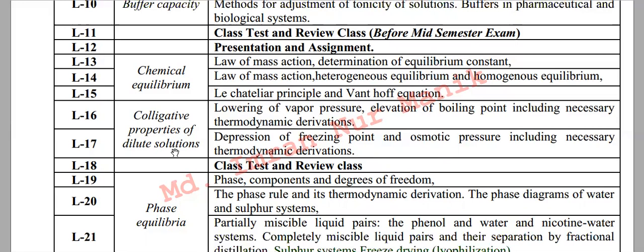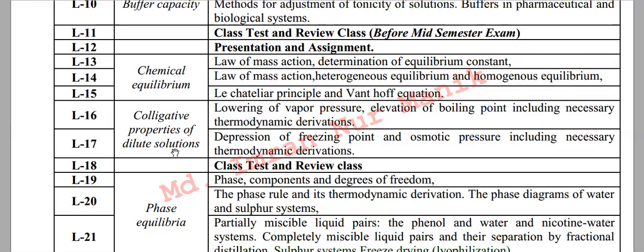So to make these molecules boil, you have to provide more energy, and to get more energy, you have to increase the temperature. So that is the basic concept of colligative properties. That means you have to change the temperature for boiling after adding something in the solution.